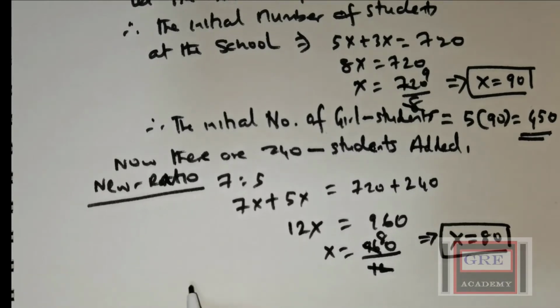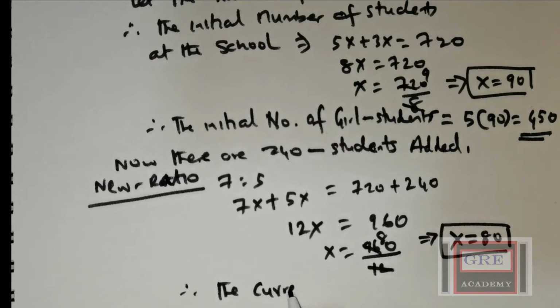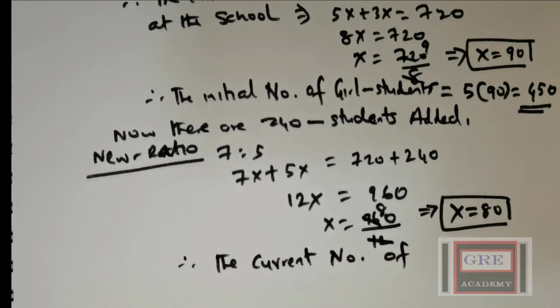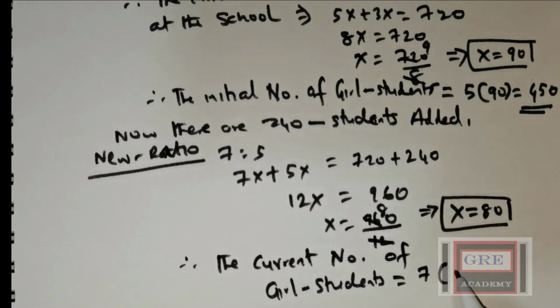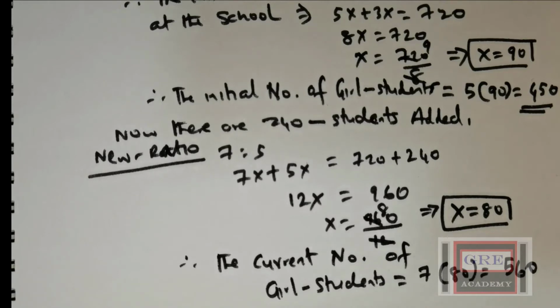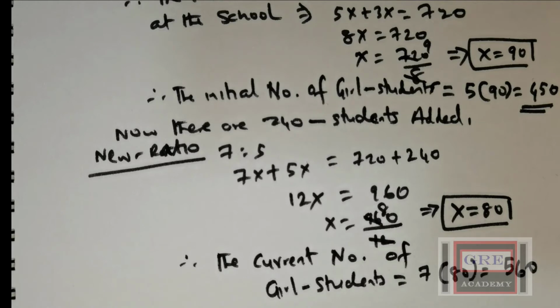Now, therefore the current number of girl students in the school will be 7 times 80, which is 560. So 560 students are girls, are female students in this particular school.